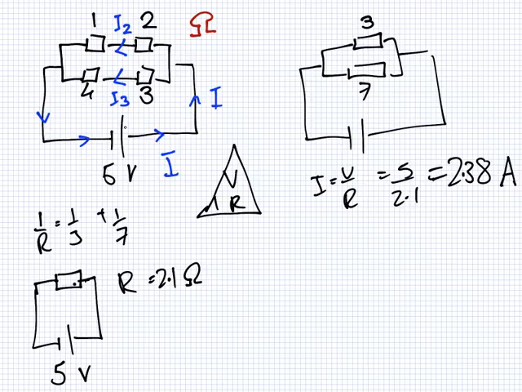Now, on the original picture, be really careful. I2, or I3, which is it that I'm saying is 2.38? On the original picture? On this original here. This one. Okay, yeah. I'm saying that the I is 2.38.